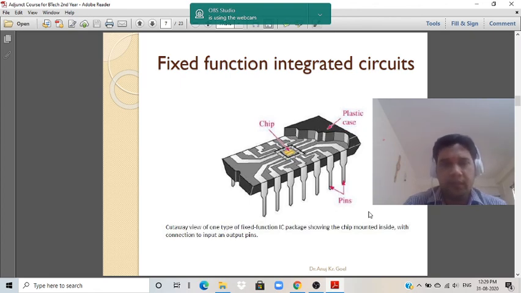That circuit is dedicated to a particular application, and we have input output pins on the ICs. These are internally connected to the chip. They are not just connected to the plastic case; inside the plastic case there is a silicon substrate based chip. On that chip different pins are connected, from which we get the inputs and outputs.